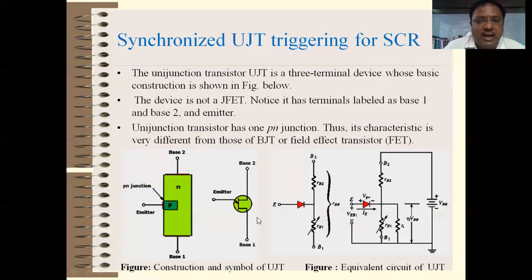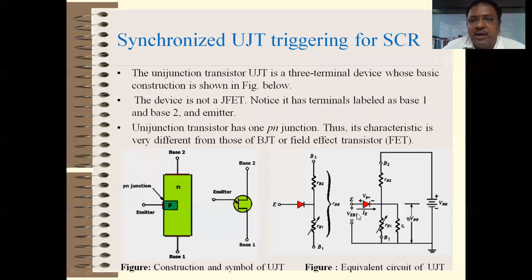See what exactly happens, in the same slide I have shown, that is synchronized UJT triggering for SCR. If you connect the positive voltage to the emitter with respect to base 1, what happens? That is shown here in the last figure, the equivalent circuit diagram. When VBE1 increases, the depletion layer between this P and N decreases and the junction breaks, and then current starts to flow from emitter to base 1 and back to the battery.